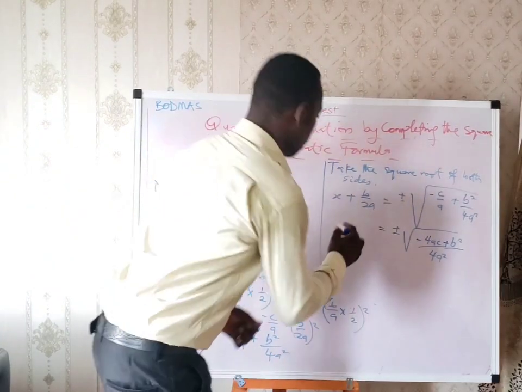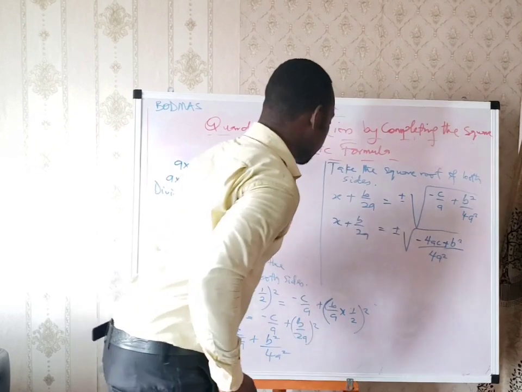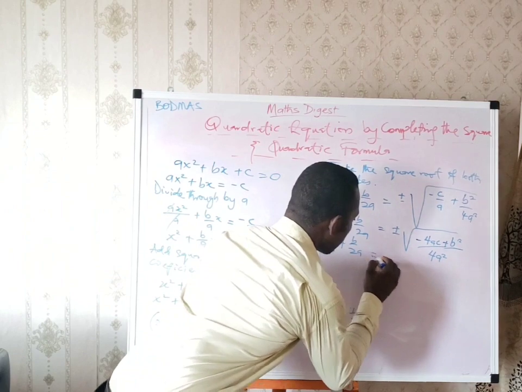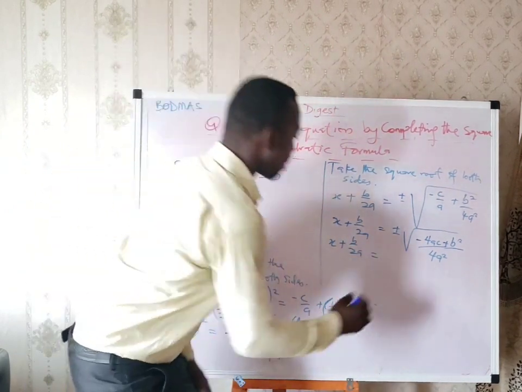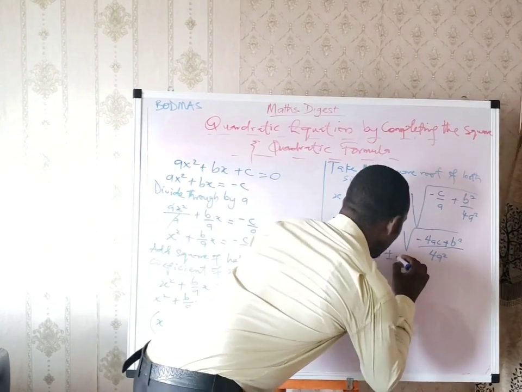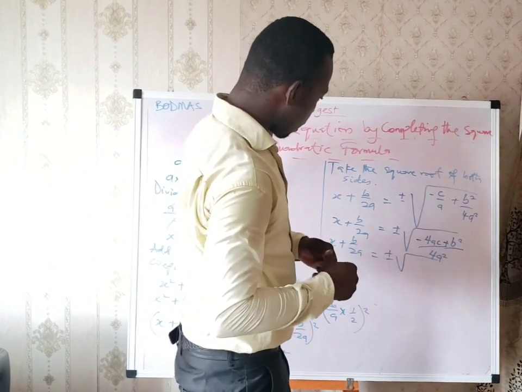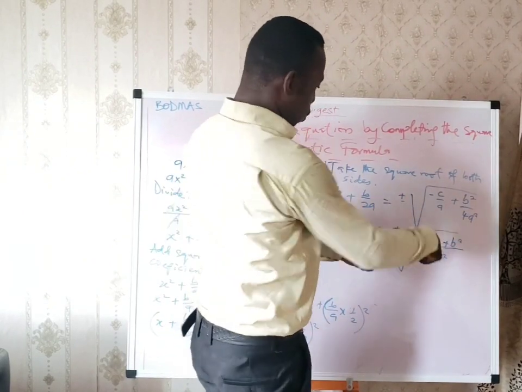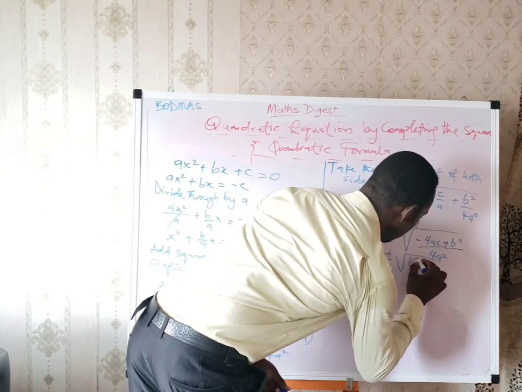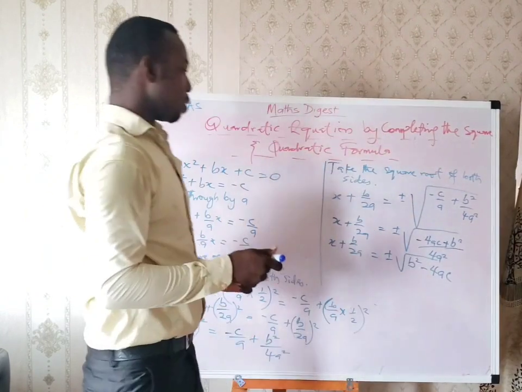Now remember this, we bring this down, b over 2a. Now from here we say x plus b over 2a equal to plus or minus, now because this is negative, let's just swap it. We have b squared minus 4ac. This is still the same thing.